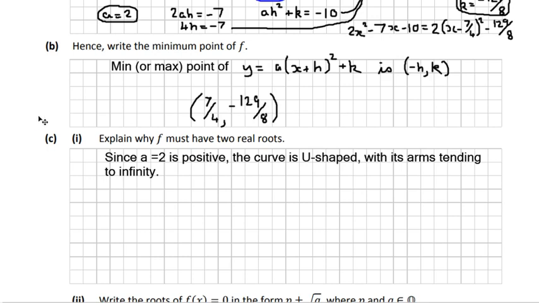So we're going to say here that the y coordinate of the minimum point is negative. So what that's going to mean, well, I'll just type it in first.